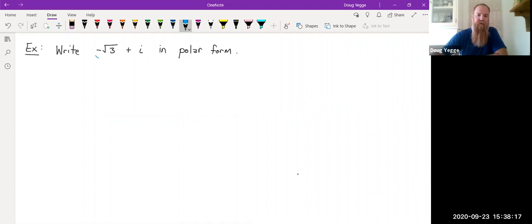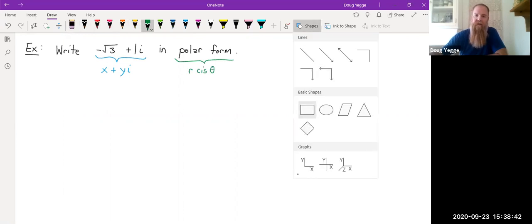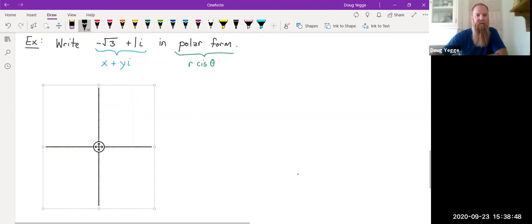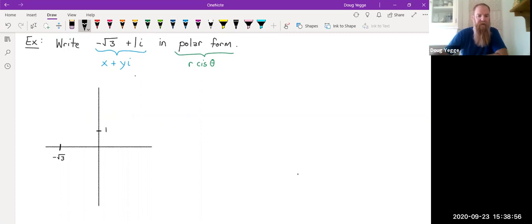So in this situation, we're trying to convert this form, which is x plus yi, also recognizing that the y value is 1i. We're trying to convert this into polar form, which is r cis theta. So we have to start with the values of x and y and somehow find my r cis theta. Now, before beginning, we should try to think first about what quadrant we're in. Because we went negative root 3, we're back here, and positive 1 is up the y-axis.